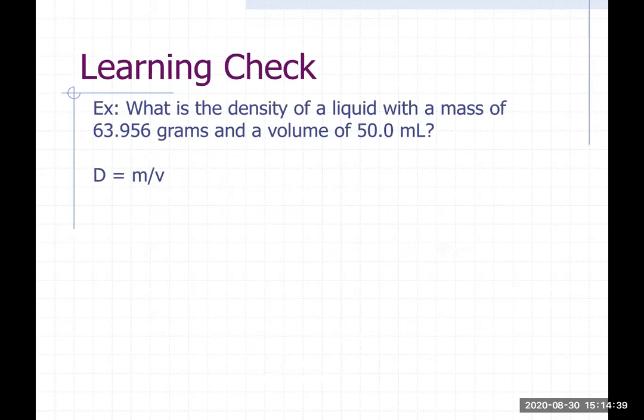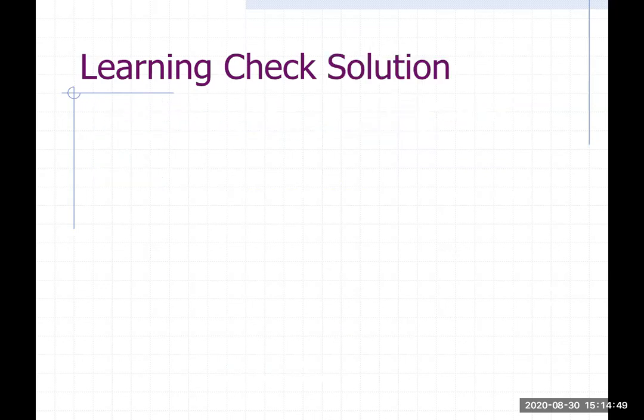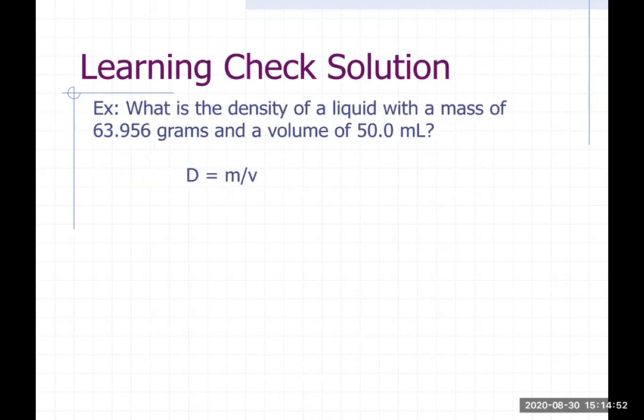Let's do a density calculation. And again, I want you to get used to writing down what your units are, because if you always write down what your values and your units are, then you're going to be much more capable of evaluating things to see if you can solve it quickly or if it's going to take another step for a conversion. So we have 63.956 grams.